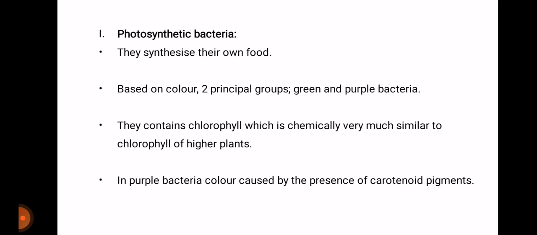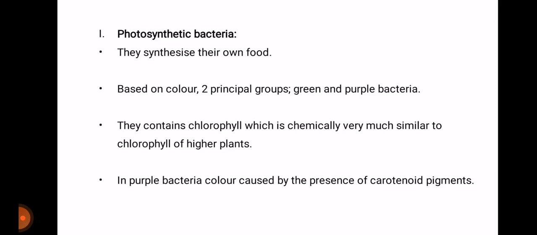In photosynthetic bacteria, on the basis of color, photosynthetic bacteria fall into two principal groups, the green and purple bacteria. The bacteria synthesize their own food. The photosynthetic bacteria contain chlorophyll, which is chemically very much similar to the chlorophyll of higher plants.